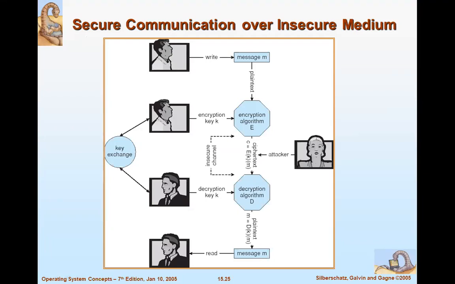With this encryption key, the ciphertext is not understandable by the user, and you can see the attacker can see this message but is unable to take any information from it. On the back side, you can see that the sender and receiver exchange keys with one another, and the key exchange is shown here at the back.